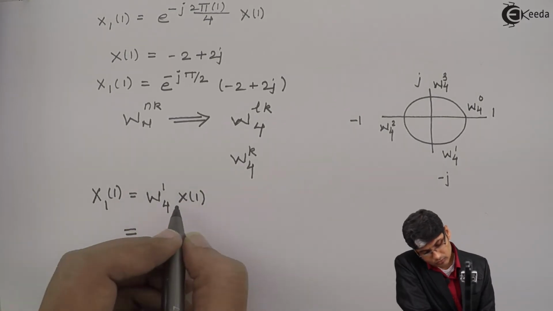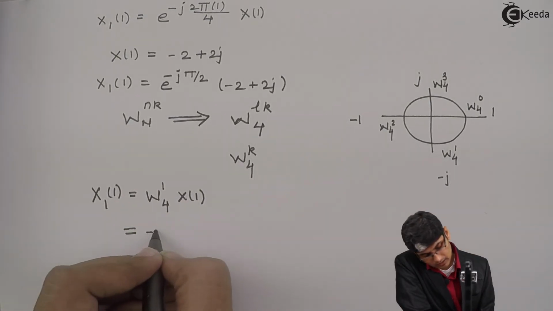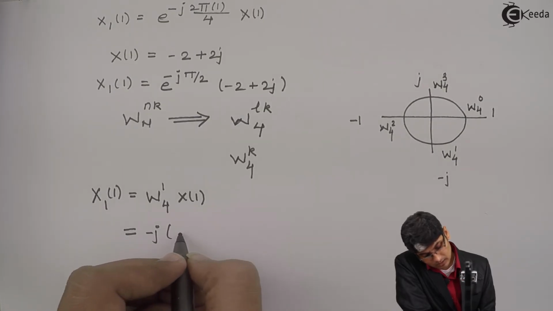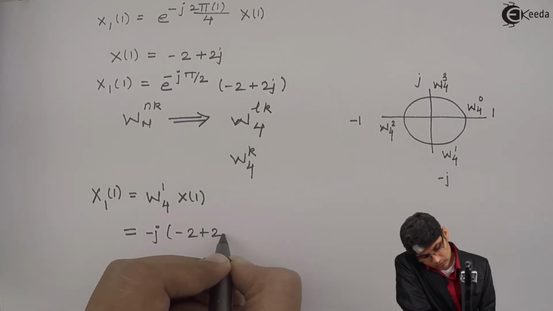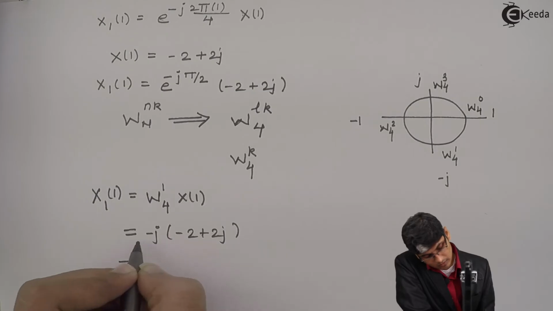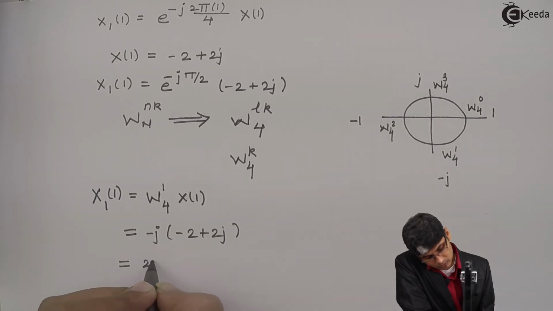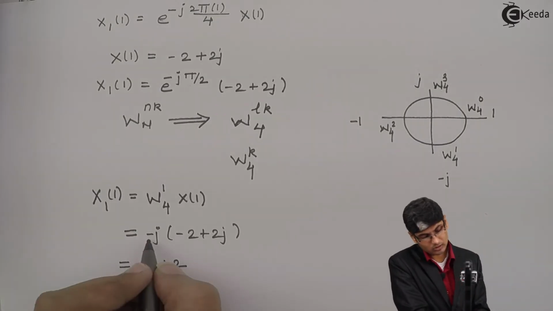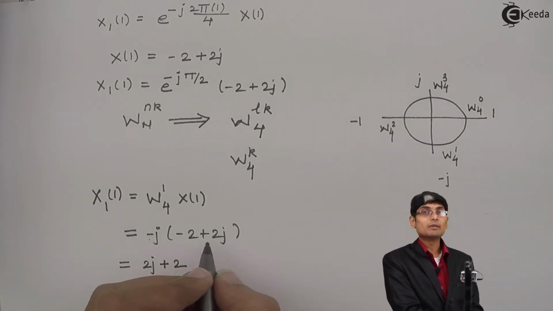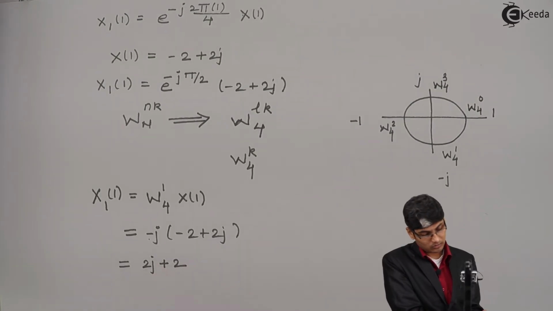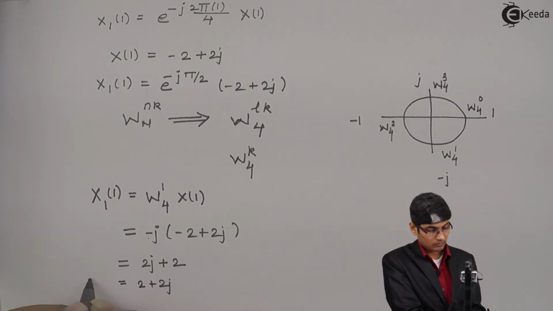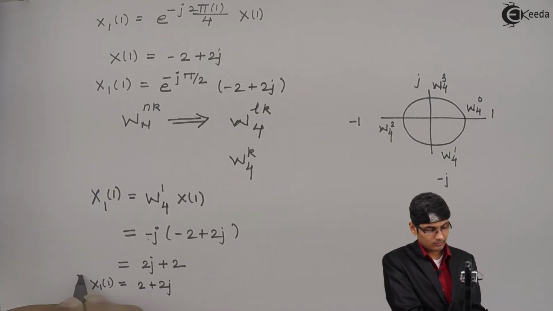So, W 4 raised to 1 is minus j, times minus 2 plus 2j. So, minus j will give me plus 2j, minus of minus plus 2, because this minus will come inside, it becomes minus 2j square and j square is minus 1. So, I can write it as 2 plus 2j, that is x1 of 1.